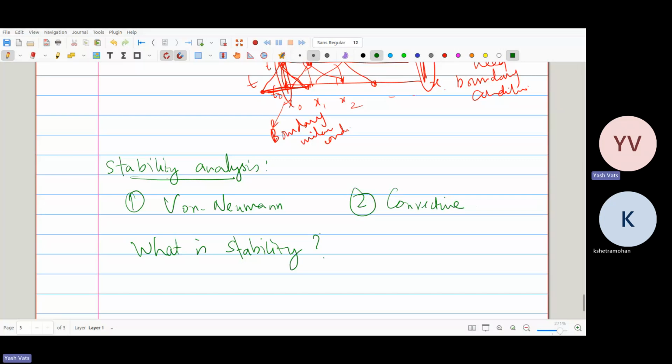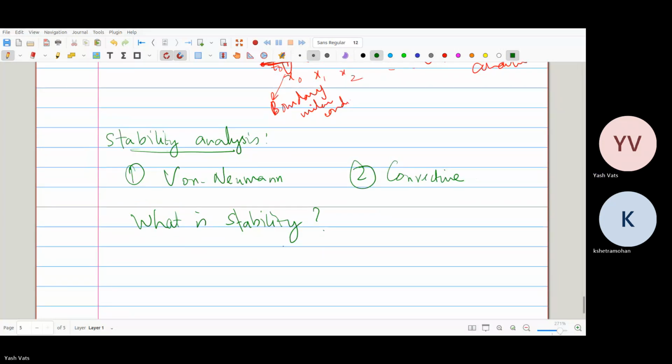If you have an exact solution and a numerical solution, then the difference is called the error.